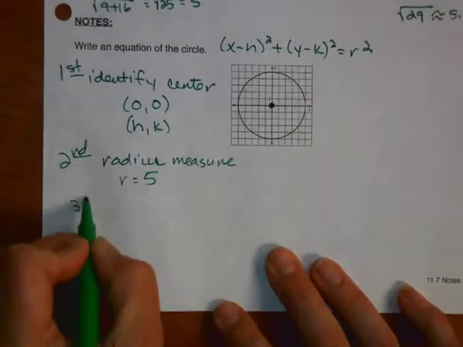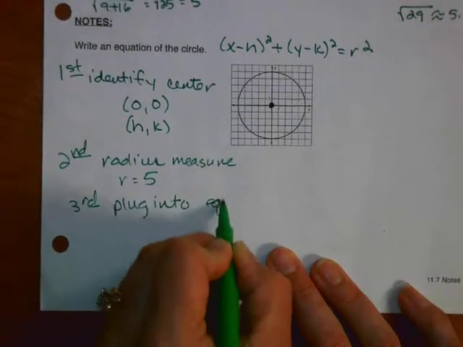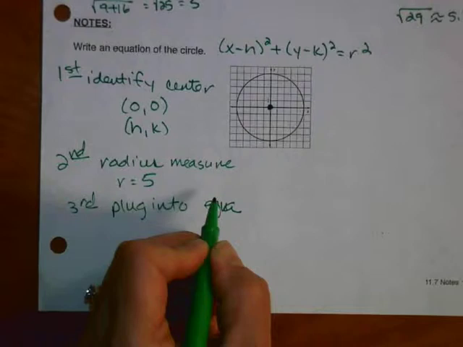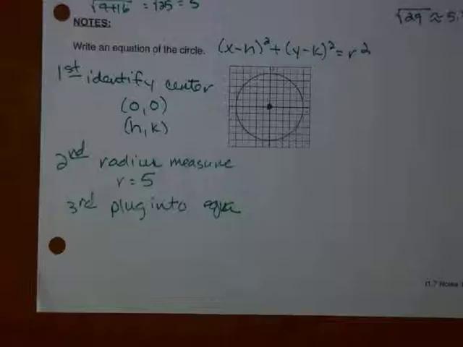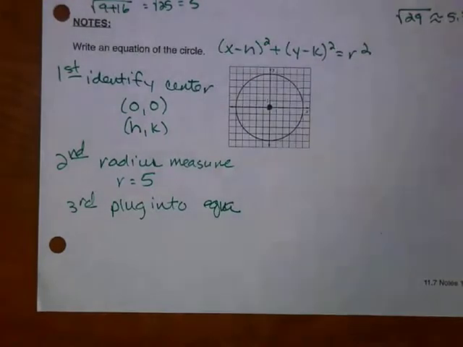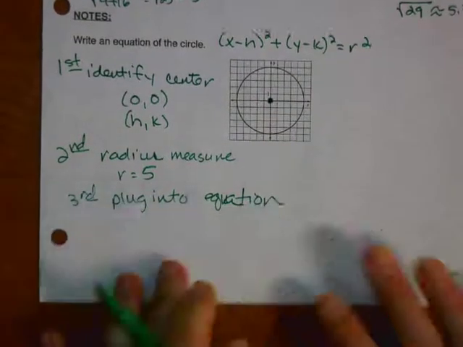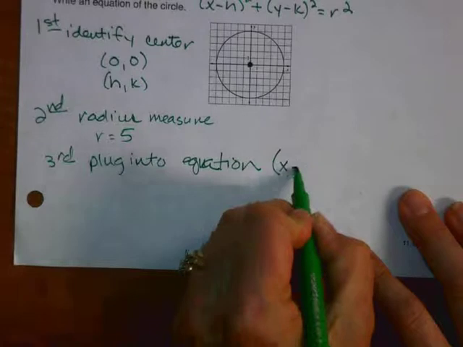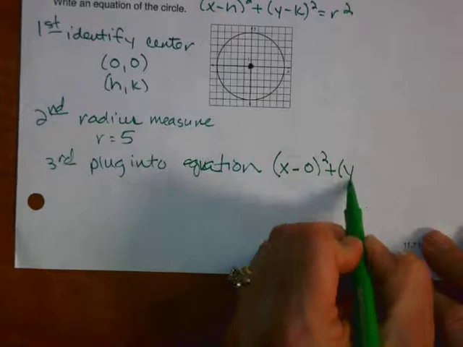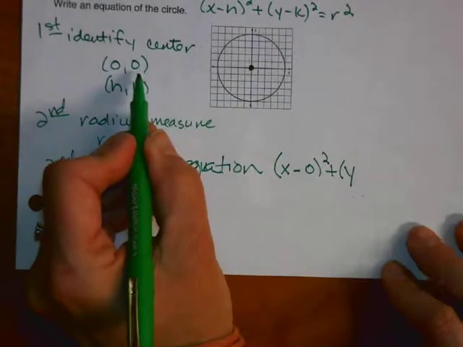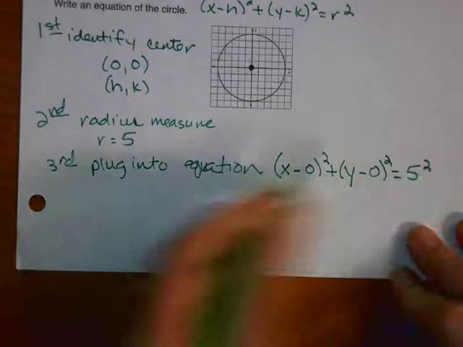So then third, plug into the equation. x minus h, which is 0, squared, plus y minus k, which is 0, squared, equals 5 squared.